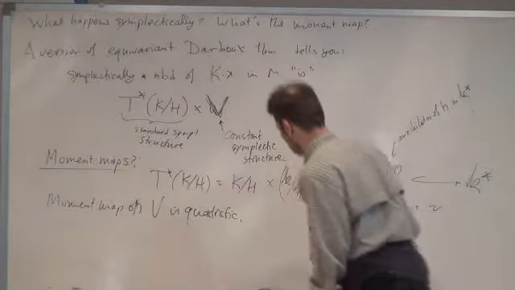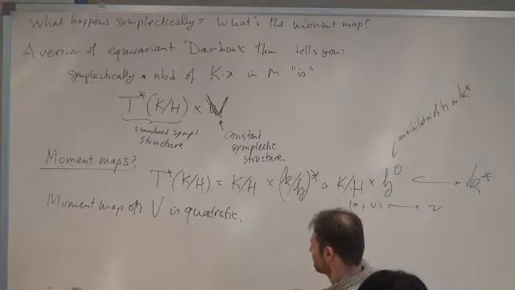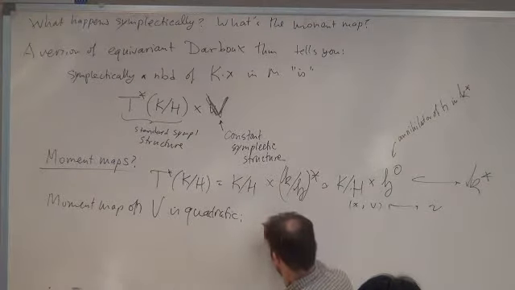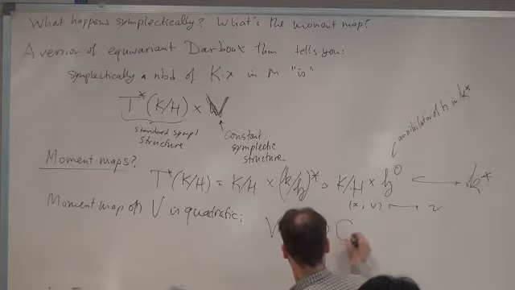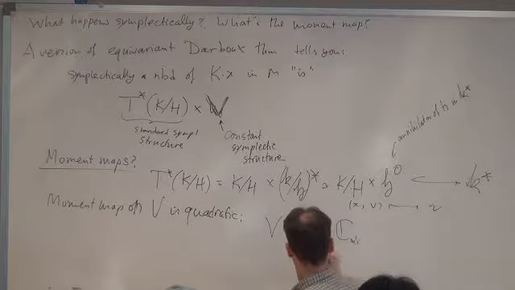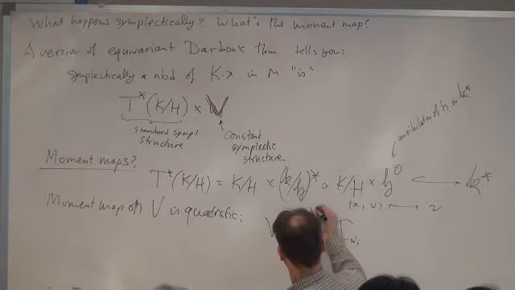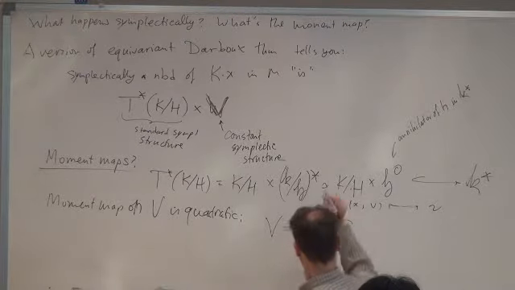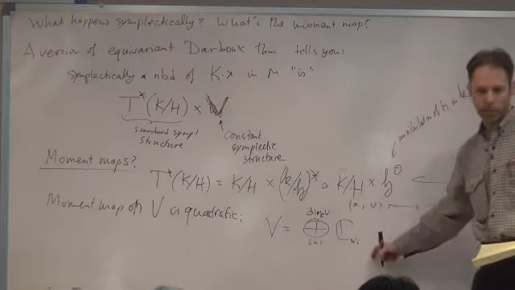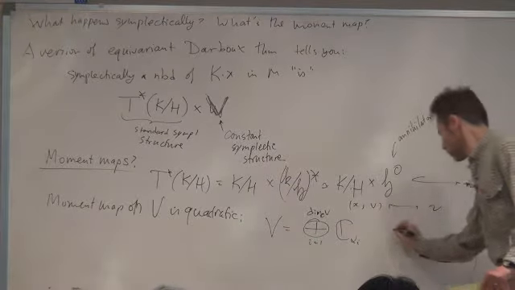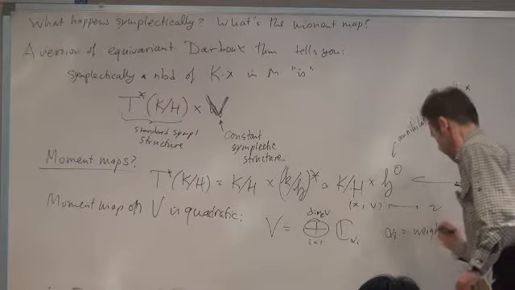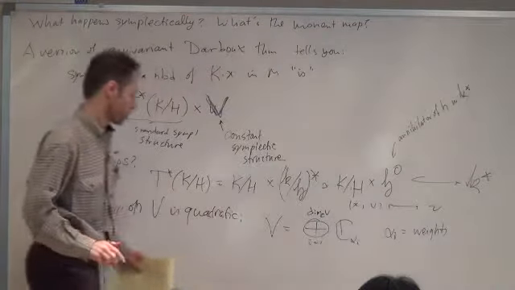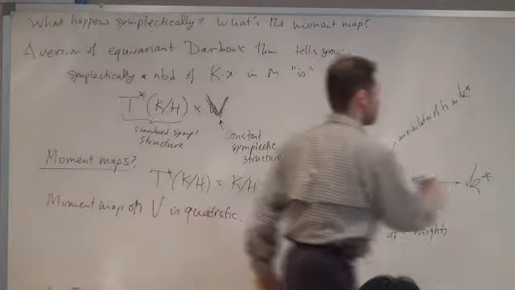So what is it? V splits into a direct sum of one-dimensional subspaces, where these guys are the weights. So let me write down the formula for the moment map.